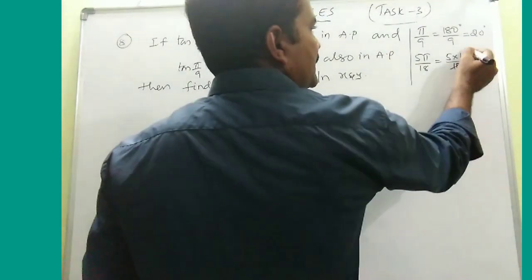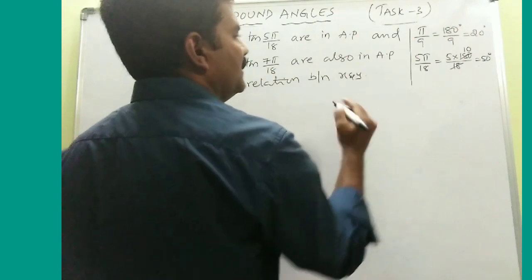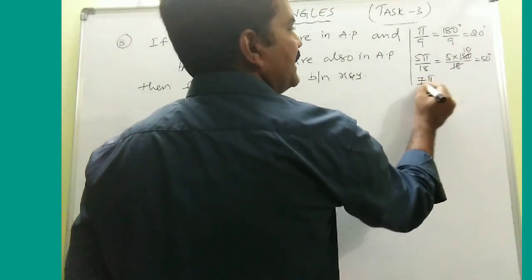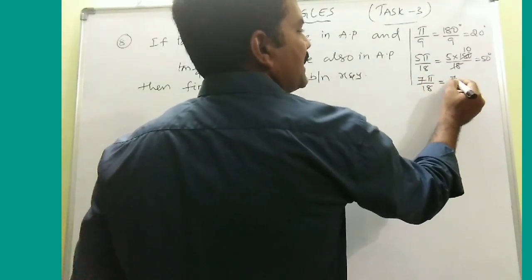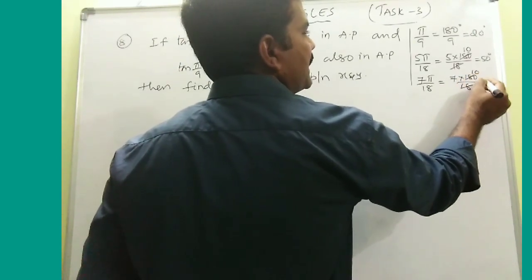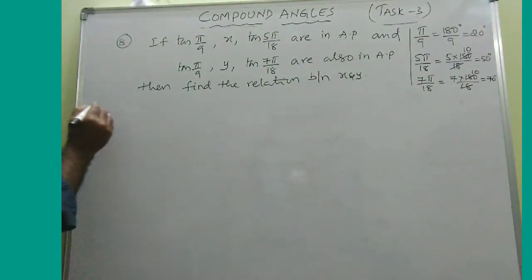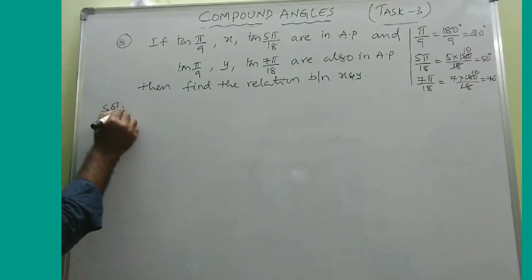So this 18 here 10 times, this value is nothing but 50 degrees. Also we have 7 pi by 18. In the same manner 7 into 180 by 18, which is 10 times, hence this equals 70 degrees. Okay. So first have that clarity.